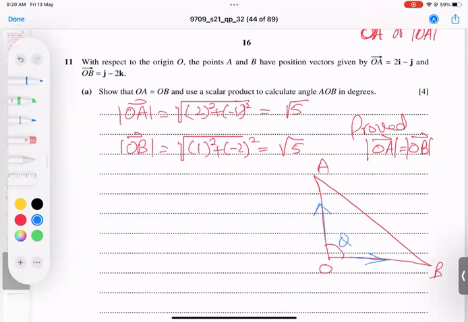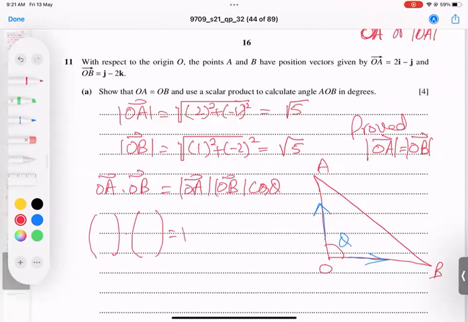This theta is my concern. The formula is OA dot OB equals the magnitude of OA times the magnitude of OB times cos of the angle between them. I know the magnitude of OA is √5 and OB is √5.